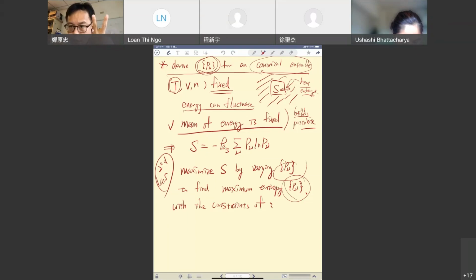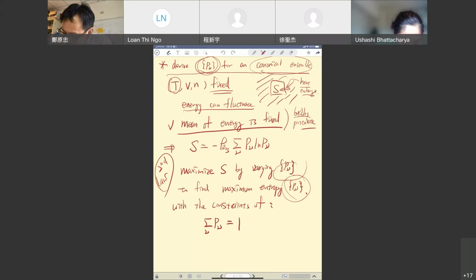It's a probability distribution, so the sum over all states must be 1. You cannot change this probability value randomly or arbitrarily; the normalization condition must be satisfied. So there's in total one less degree of freedom in this distribution.